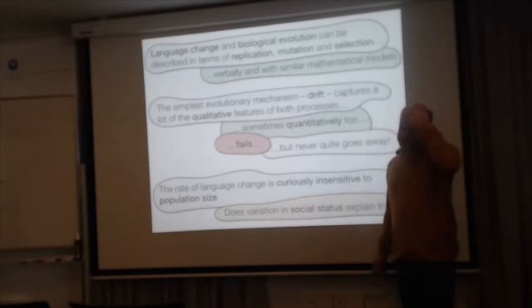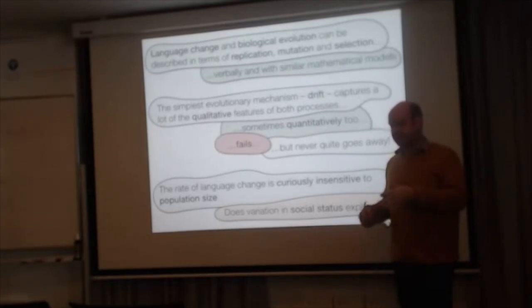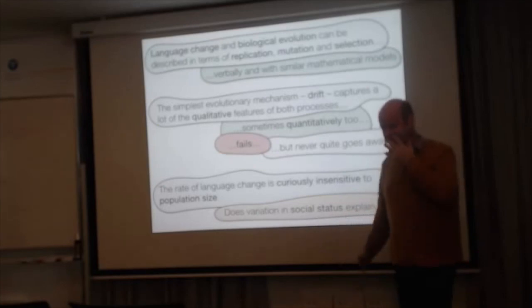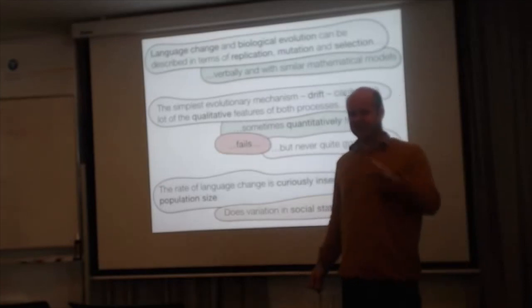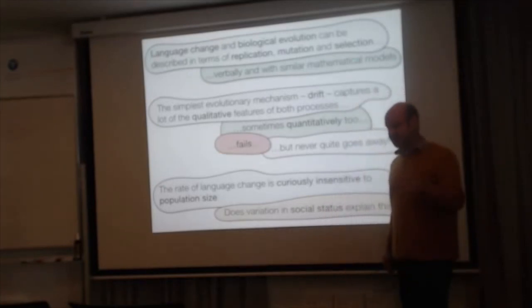Relating to your point on social status, I'm using that term very flexibly. All I mean by it here is that in terms of a language change happening, it might be that there's a small group of people who are responsible for that.